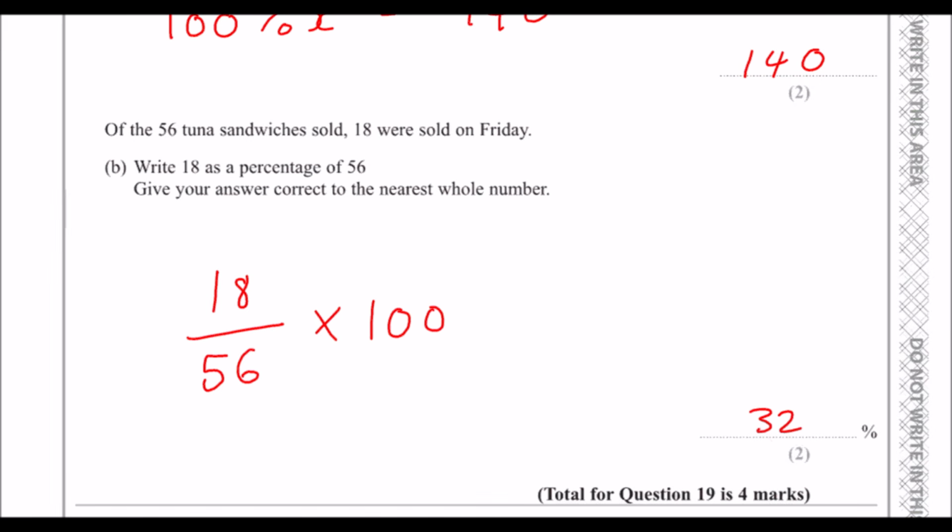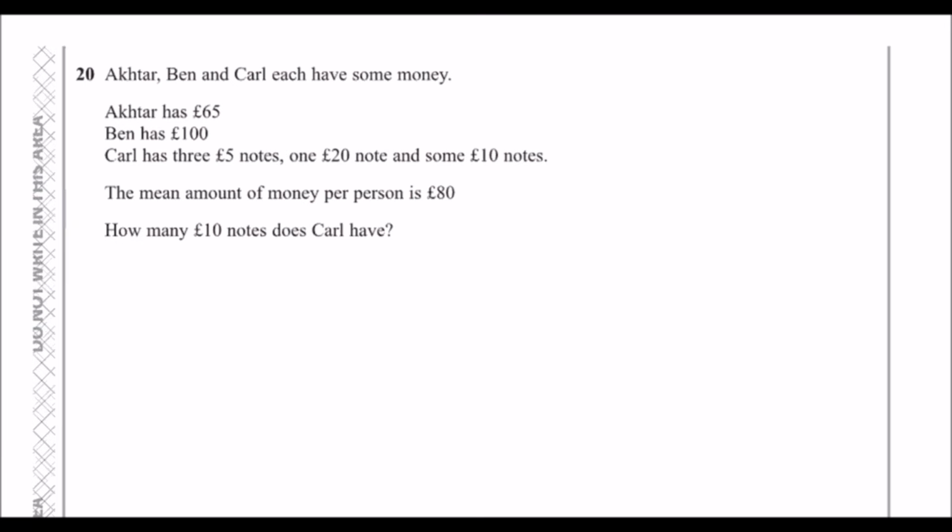Question 20. Akhtar, Ben and Carl each have some money. Akhtar has £65. Ben has £100. Carl has 3 £5 notes, one £20 note, and some £10 notes. The mean amount of money per person is 80.